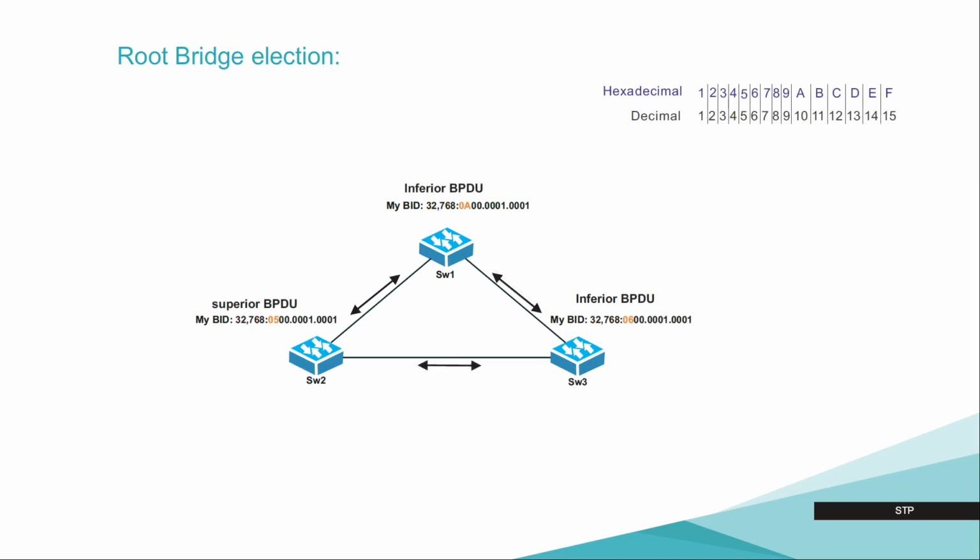Since the bridge priority is equal on all the devices, the next part we look at is the MAC address. Switch 1's MAC address starts with 0A, switch 2's starts with 05, and switch 3's starts with 06. So the lowest bridge ID is switch 2.